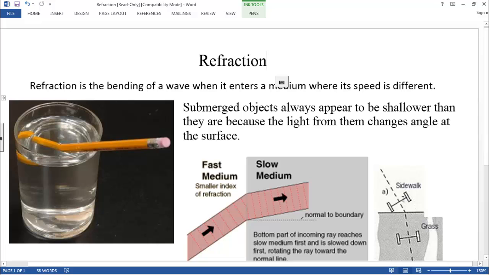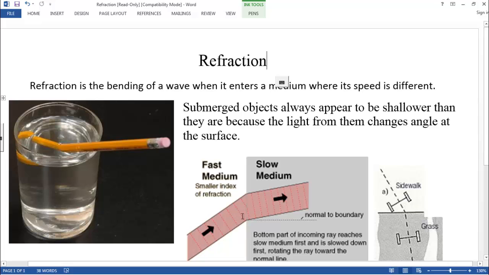But the wheel on the right is still driving on the smooth sidewalk, less friction, and so it keeps going its original speed. And so as the left tire slows down, the right tire keeps up the same speed. It goes a little bit faster than the left tire, and it turns. And that's sort of the same thing that's happening with refraction.